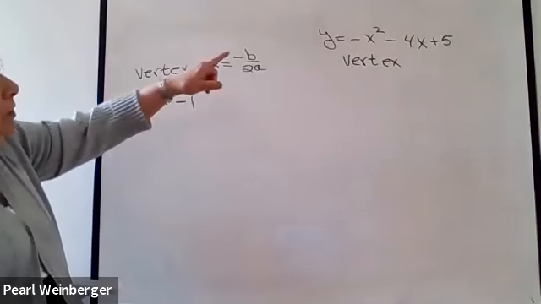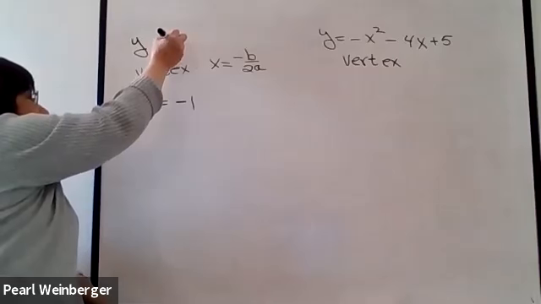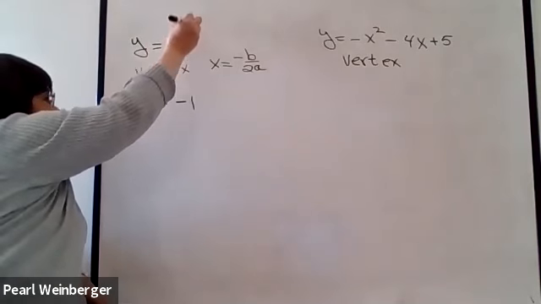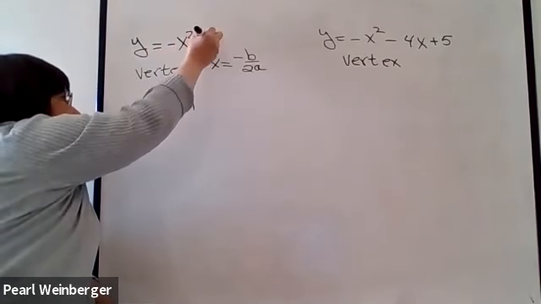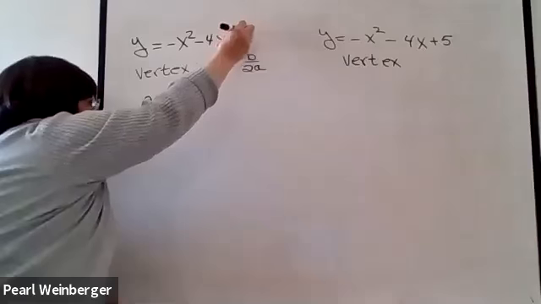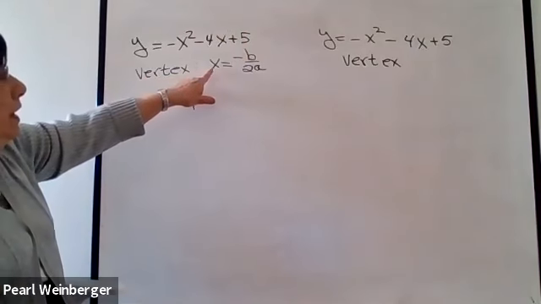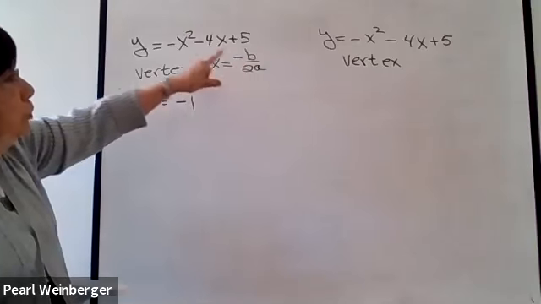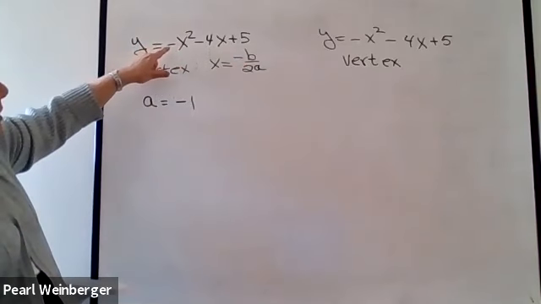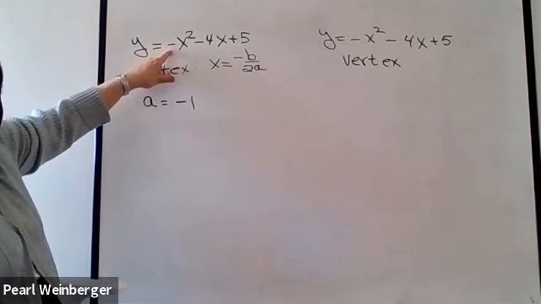Okay, let me write it over here. We have y equals negative X squared minus 4x plus 5. And we want to find the vertex. So we know we have to do x equals negative b over 2a. But if I look at it, the a here has to be -1.